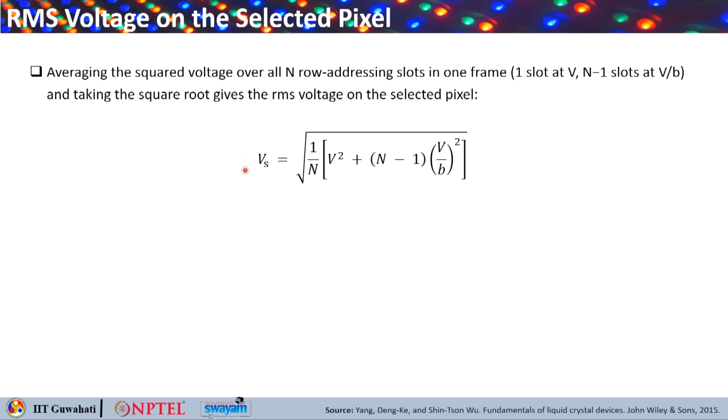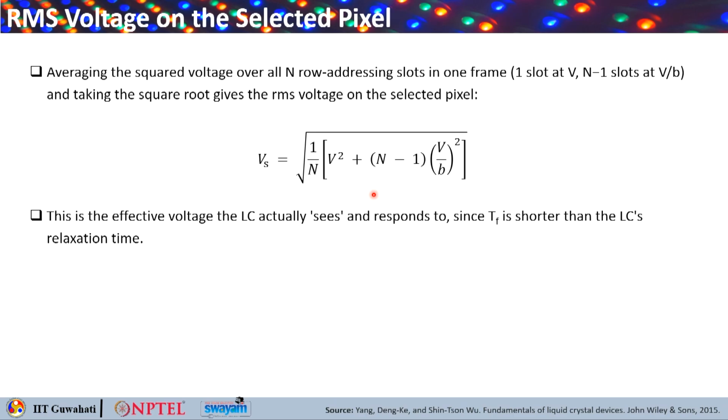The RMS value is the square root of V squared plus n minus 1 times V by B whole squared, the whole thing divided by the total number of rows n. This is the root of the mean of the square of the voltages, and this is the effective voltage that the liquid crystal actually sees and responds to, since your frame time is shorter than the liquid crystal's relaxation time.